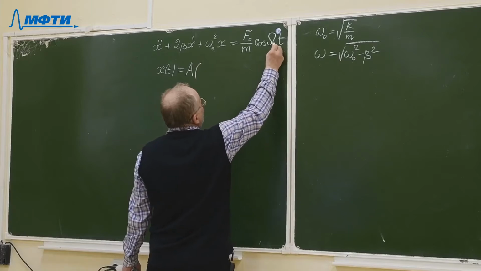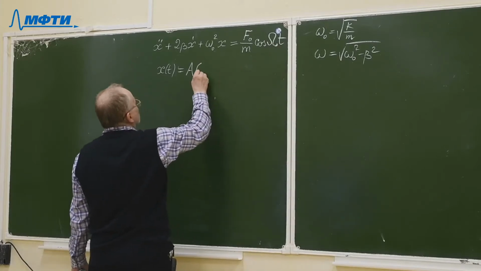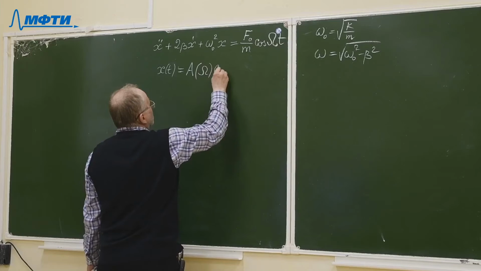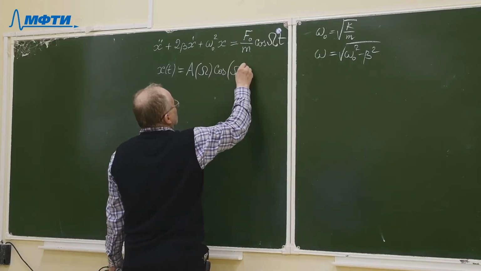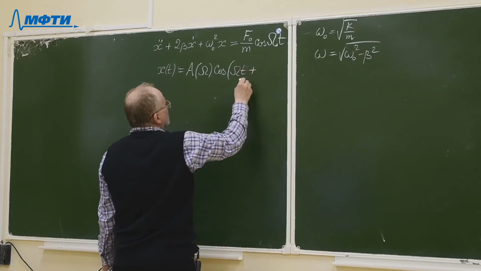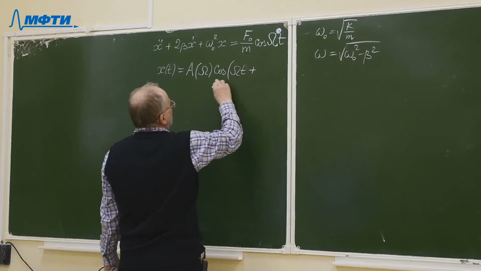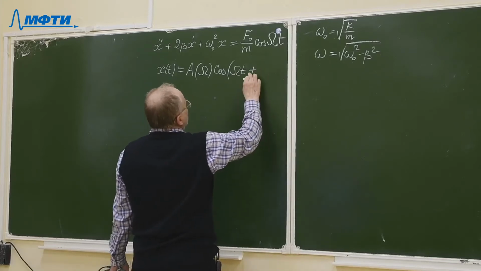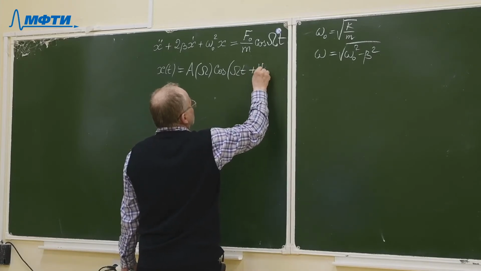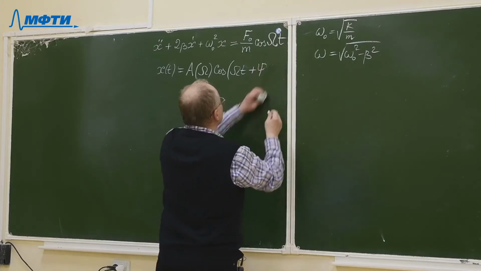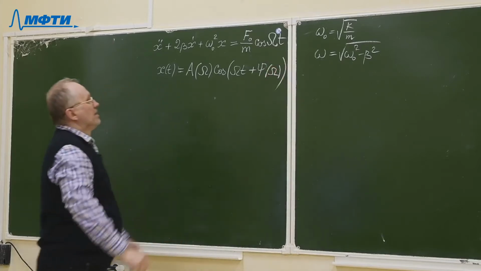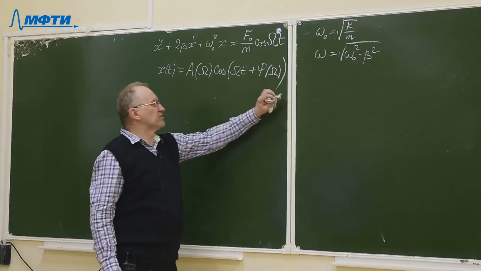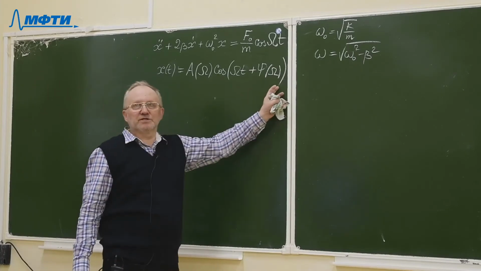Amplitude will depend on the frequency of external force, and then there will be cosine, and the body will oscillate with this frequency, capital omega, and also the oscillations will either lag behind or will have some additional phase, which will also be a function of capital omega. So that must be the general expression for the solution.